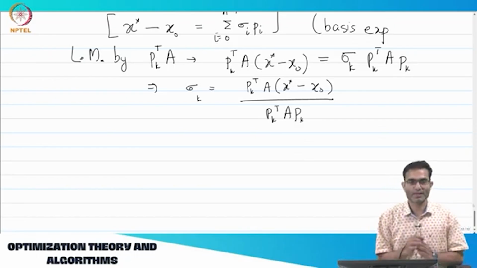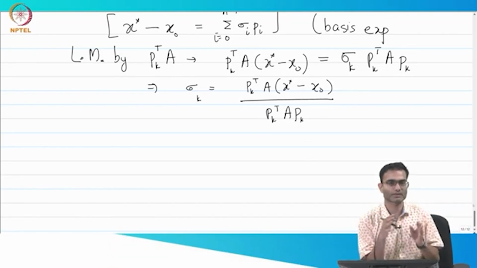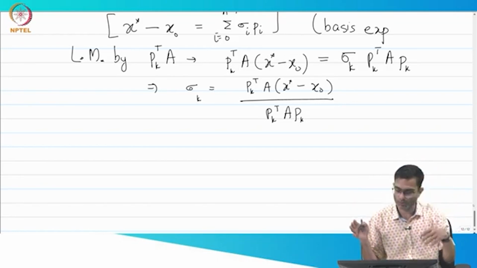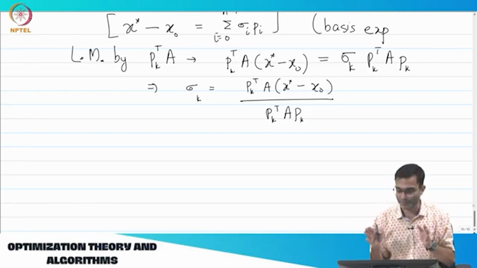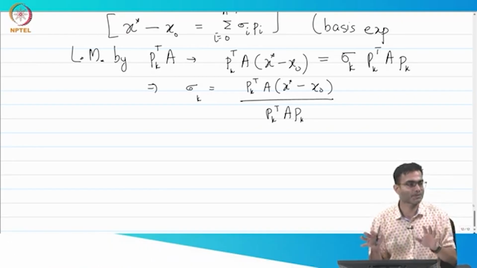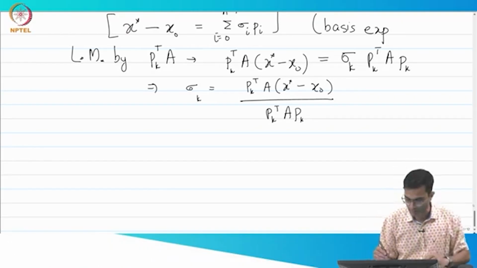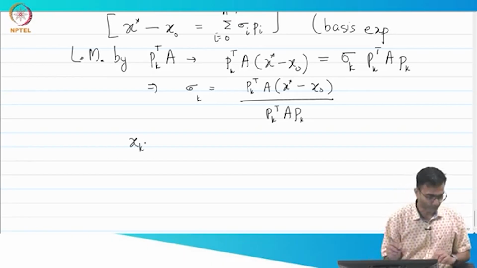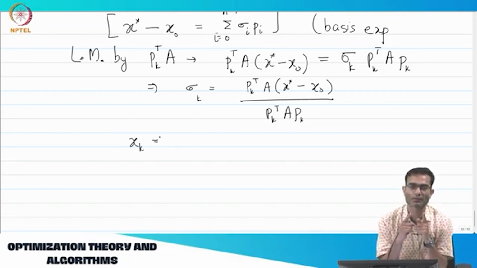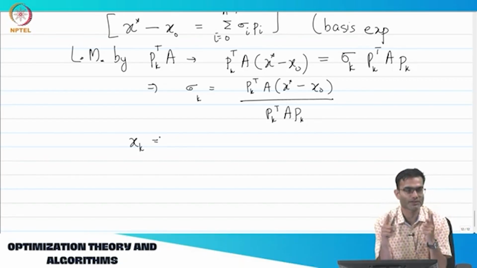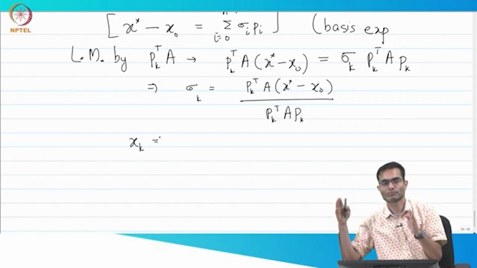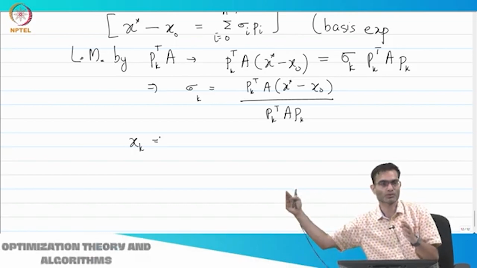Now I notice there's an x star minus x naught over here, right? This is telling me how far I am from starting to end point. But what is the kind of interesting guy missing from this expression? x k is not there. Where I am at the kth step is missing. So let's try to bring that guy into this expression. If I started with x0, how do I get x1? x1 was x0 plus alpha 0 p0. To that I would add alpha 1 p1 and then alpha 2 p2 and so on to get to the next thing.